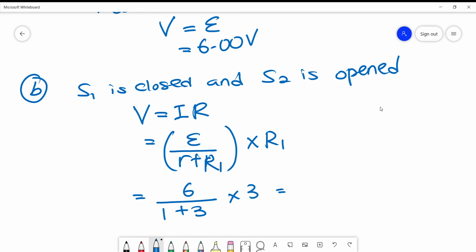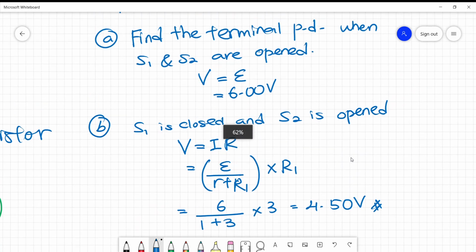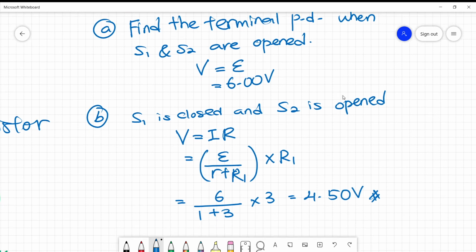So what I get for the terminal potential difference when switch 1 is closed and switch 2 is open is 4.5 volts. This is how we calculate the terminal potential difference.